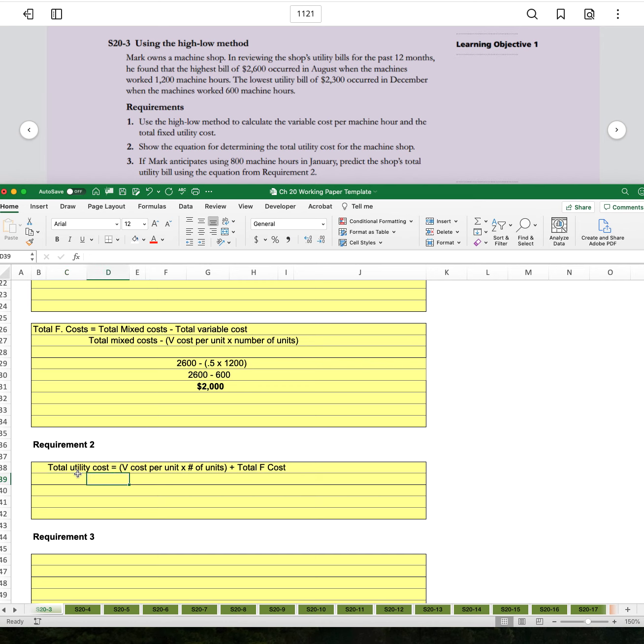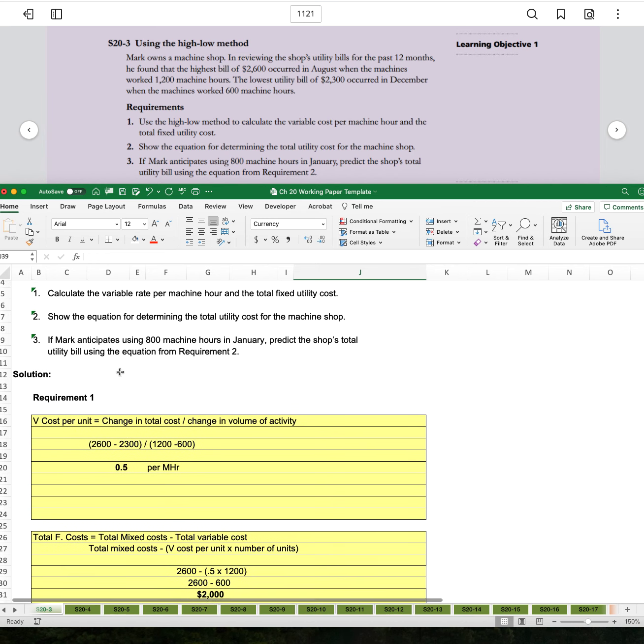And that gives us 0.5 times number of units plus 2,000 as our equation that we will use for total utility costs.